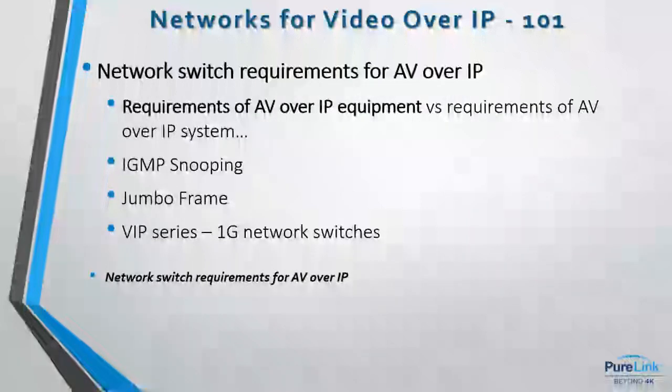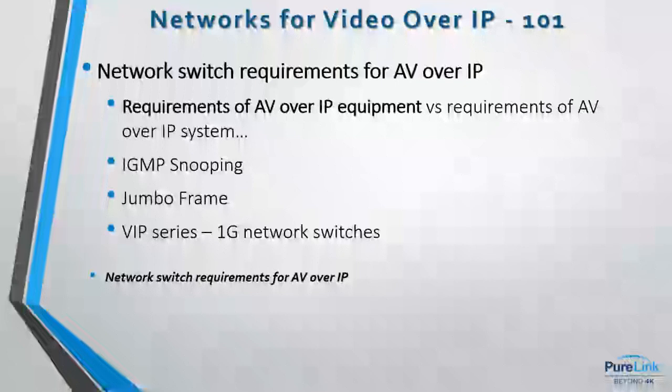Okay, and then jumbo frame. I have a slide on this for your reference, but it's just larger frames to handle video. For our specific VIP line, which I'm happy to talk about with anybody offline just because we won't have time in this class, we have, like many others, intentionally gone with 1 gigabit transport methodology over 10 gigabit transport methodology.